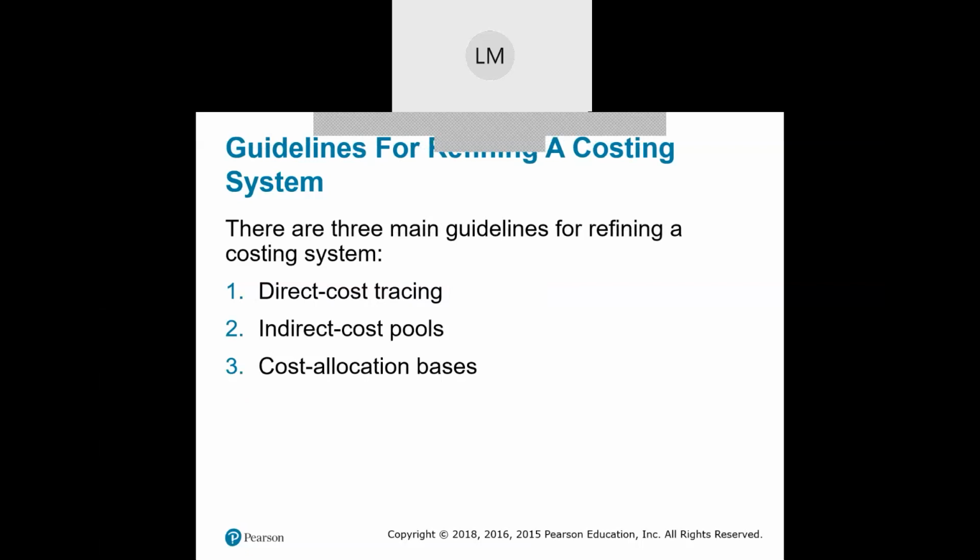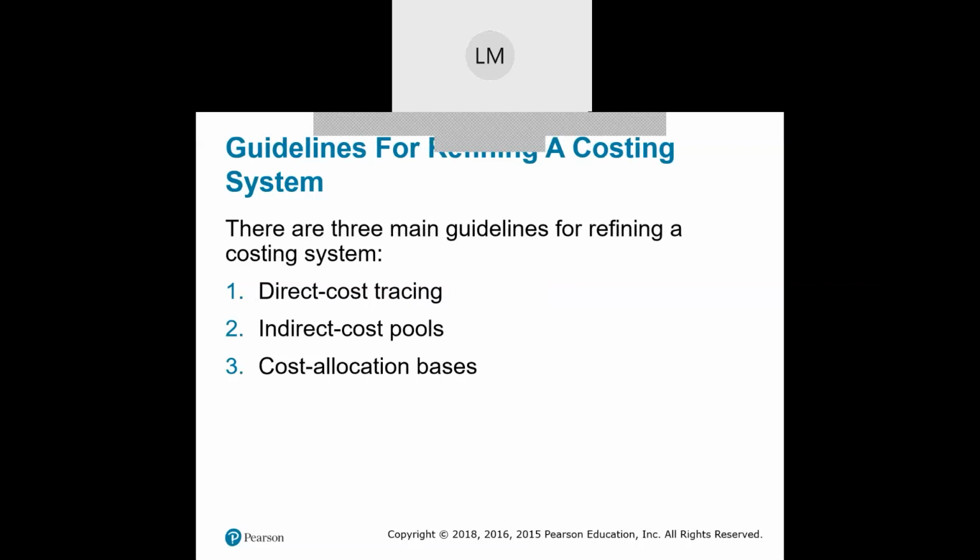So we're going to need to look at all of these. Now, the goal of activity-based costing is not just to eliminate direct cost tracing. Actually, what we're going to see is sometimes costs that used to be considered indirect are now going to be direct.